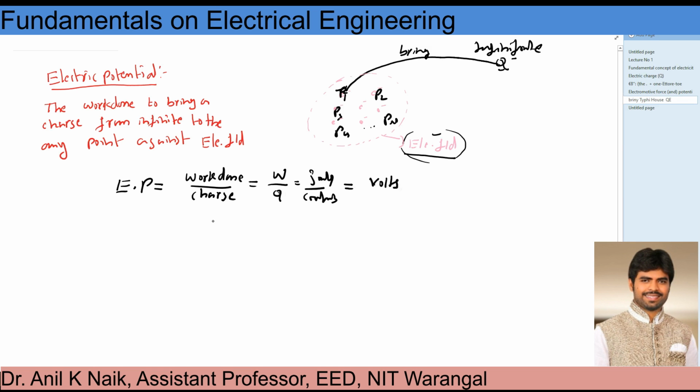So this can also be named as voltage, isn't it? This electrical potential can be named as voltage, and voltage V we can write as W by Q, the rate of change of work done on this particular charge.